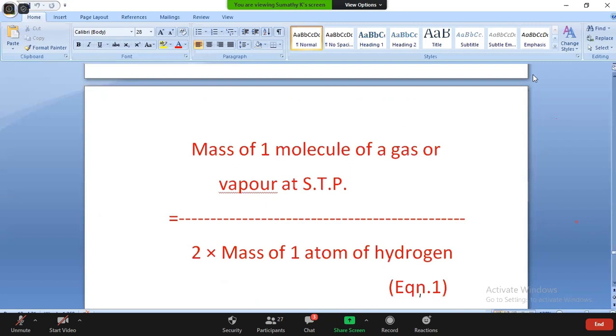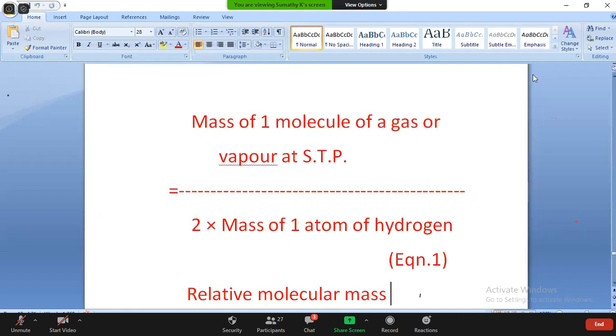This is equation 1: the mass of 1 molecule of a gas or vapor at STP divided by 2 into the mass of 1 atom of hydrogen.